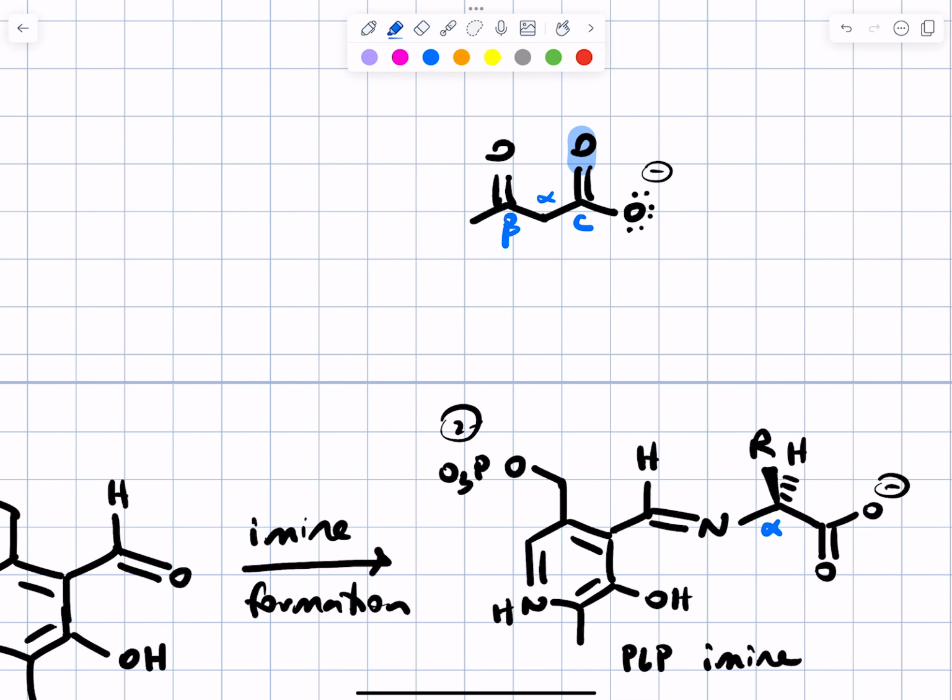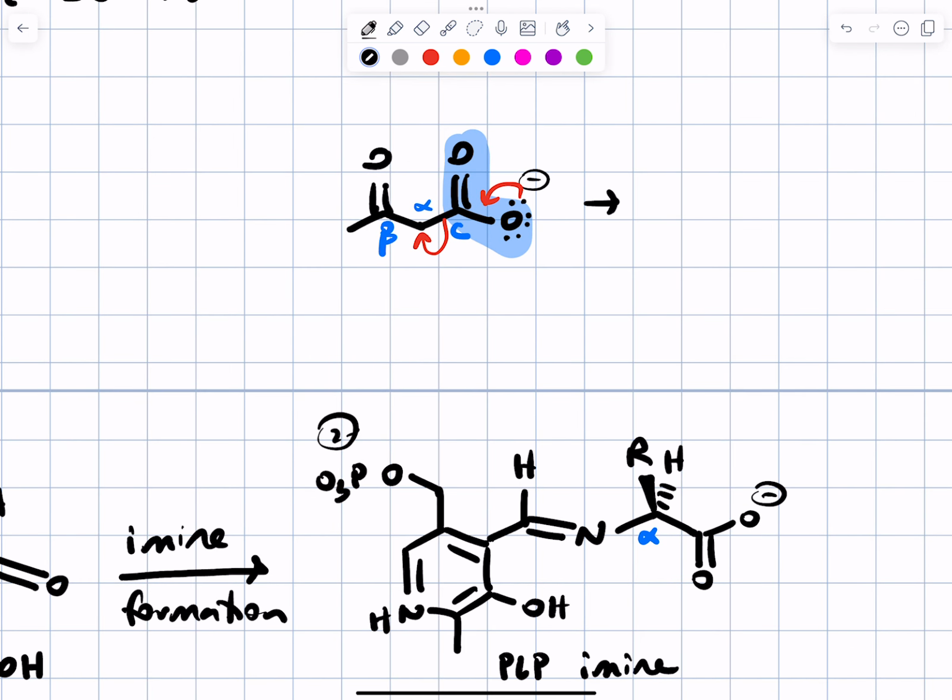Recall that lone pairs on the carbonyl oxygen can kick down and kick off the carbon-alpha carbon pi bond as a lone pair onto the alpha carbon. The reason that can happen is because the lone pair on that alpha carbon is stabilized by resonance with the carbonyl that's on the blue beta carbon.